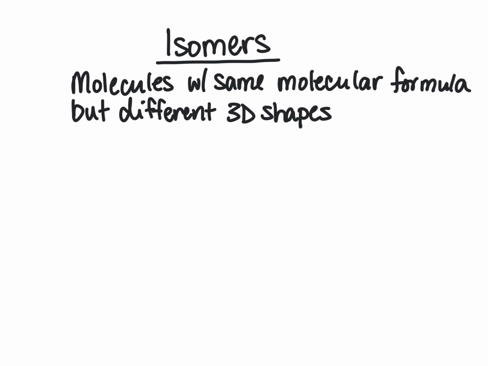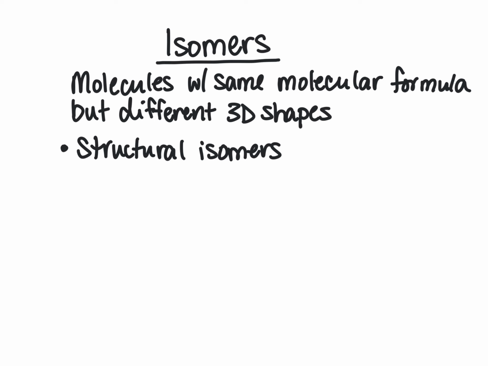First, let's take a look at a type of isomer known as a structural isomer. The definition of a structural isomer is that these are molecules that differ in the placement of their covalent bonds. Let's take a look at an example.